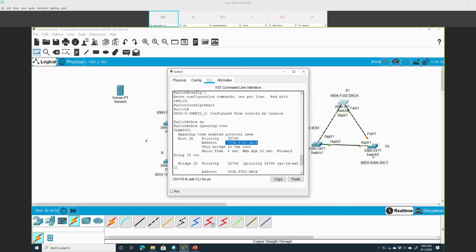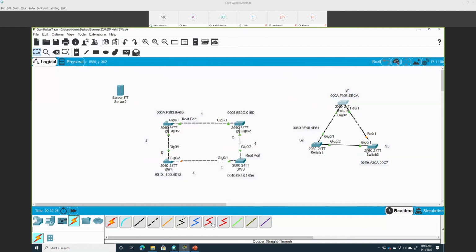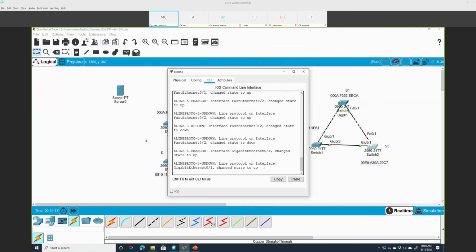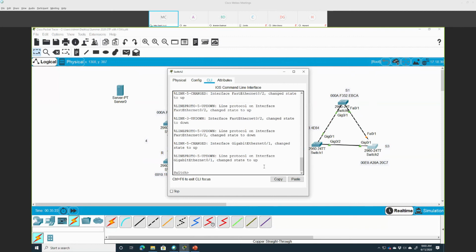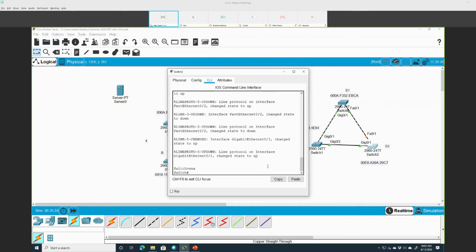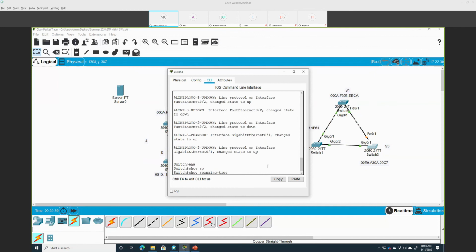So what do you expect to be the cost on this switch right here? Anybody want to guess? What's the cost in here to reach the root bridge? No guessing? Deruso, you still there? Show spanning tree. What's the cost?